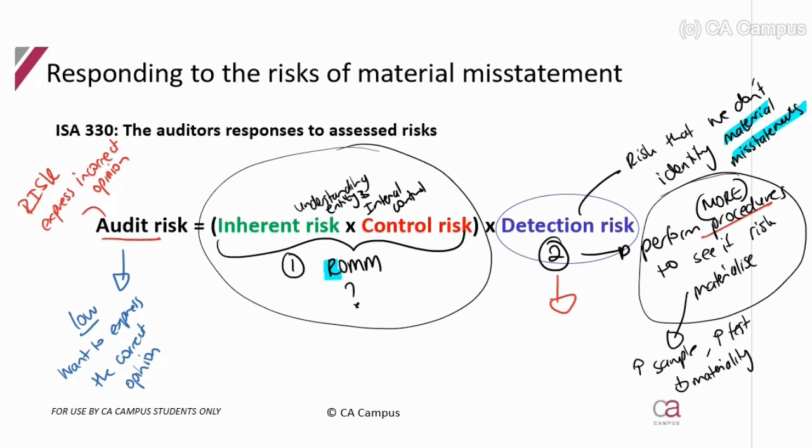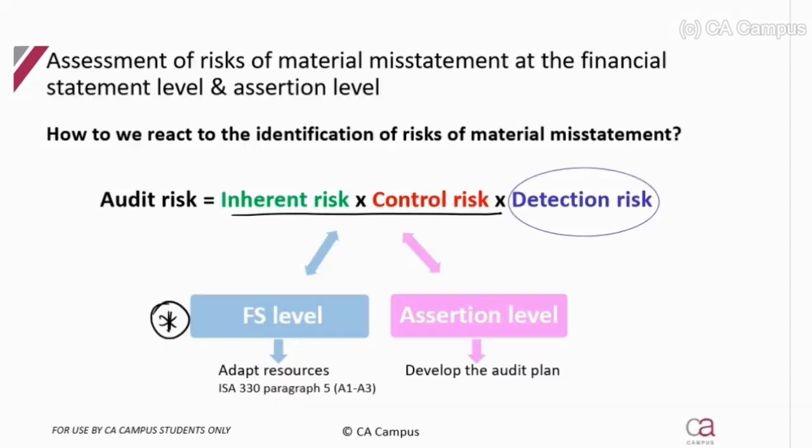It's the auditor's responsibility to ensure that they do identify if those risks have materialized. And that means we need to respond. So detection risk has got to do with our response. Response to the risks of material misstatements. So how are we going to respond?